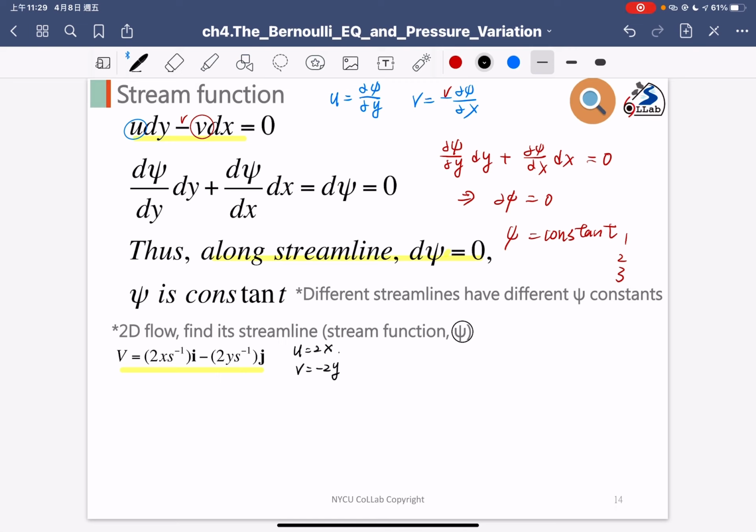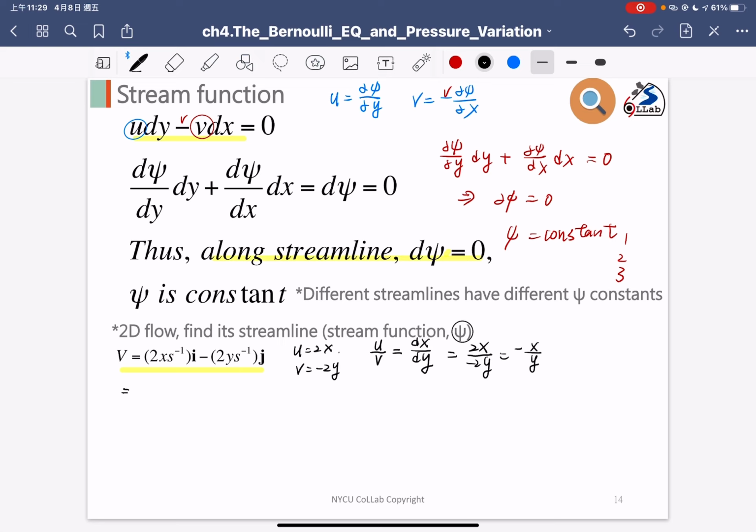So I know that if I would like to find the stream function, it will satisfy u divided by v, this velocity ratio, equal to dx over dy, right? And we know that u is 2x, and v is minus 2y. So we know that the velocity ratio will equal minus x divided by y.